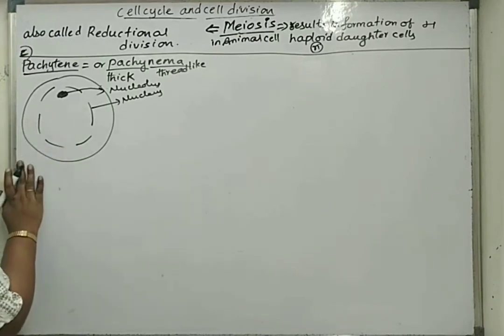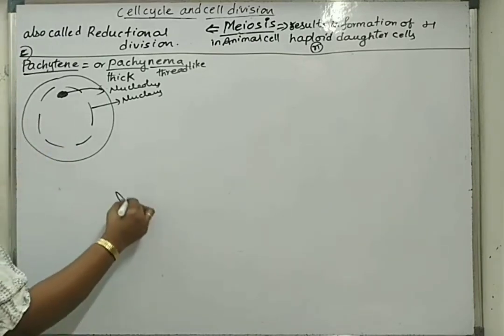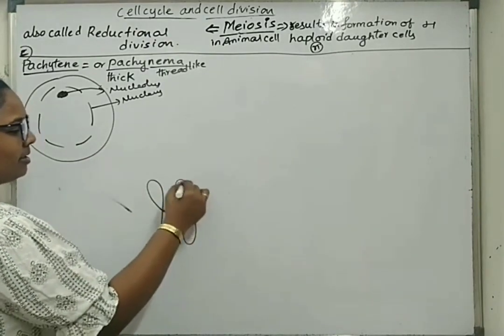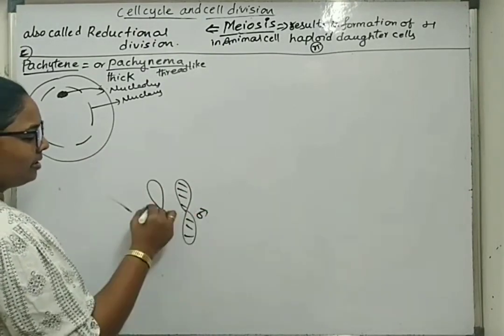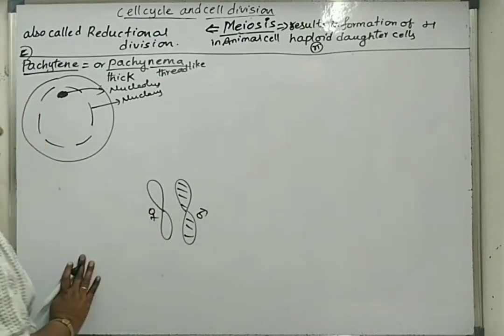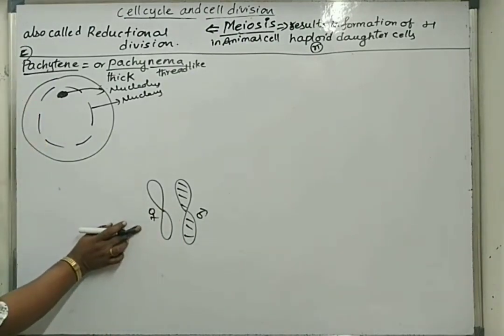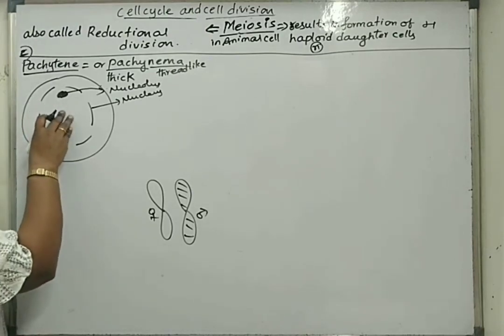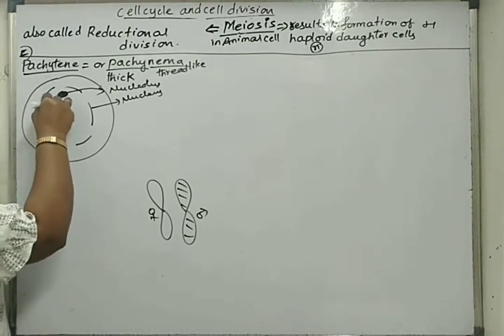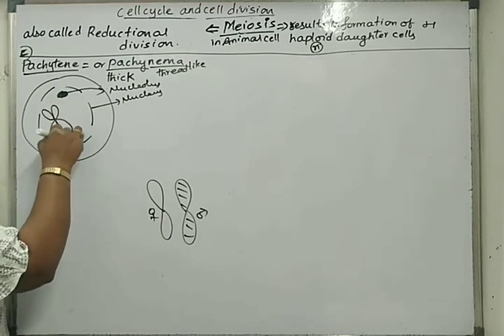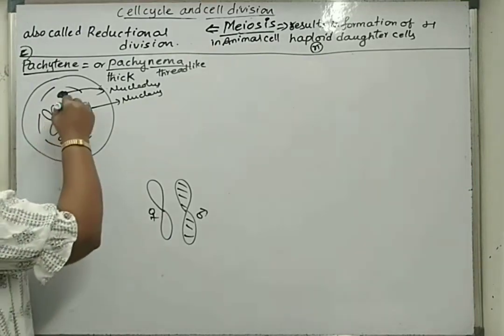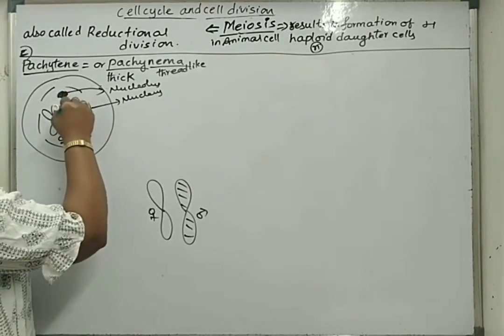Clearly, in zygotene we have seen chromosomes like this, homologous pairs. This is of father and this is of mother. The same chromosomes from zygotene now will show four chromatids very clearly. From mother, now the same homologous chromosome.